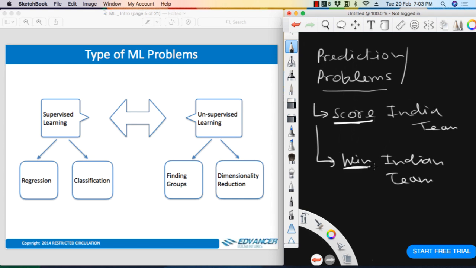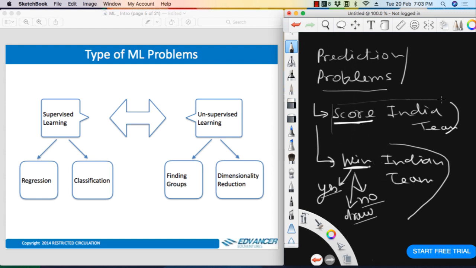This, however, is a class. Outcome is either yes or no, or maybe a draw. Okay, these values are not a number on a continuous scale. Generally, any business problem or prediction problem will come down to this, where you either have a continuous numeric outcome like this or a classification outcome like this.